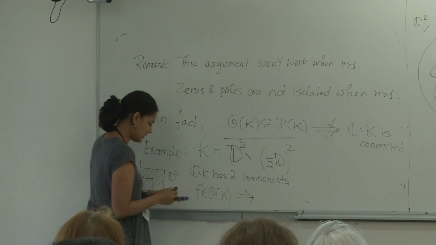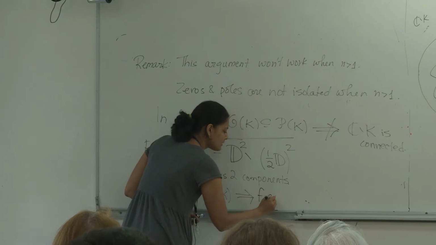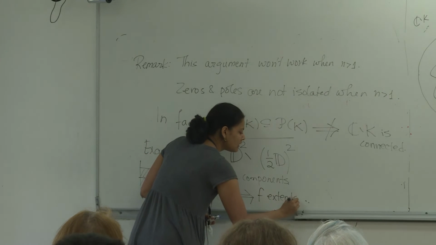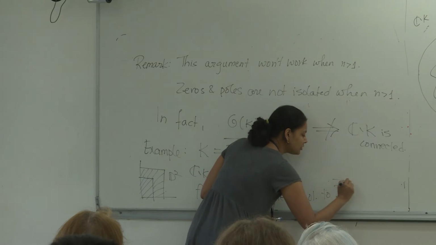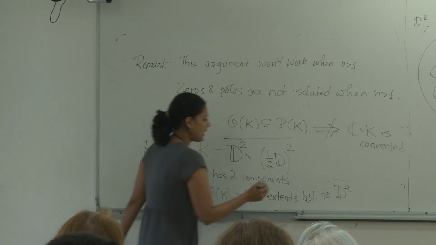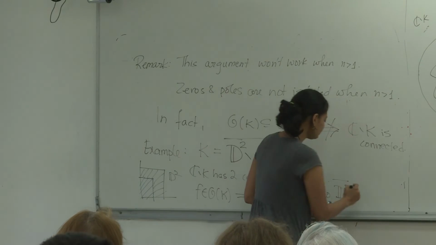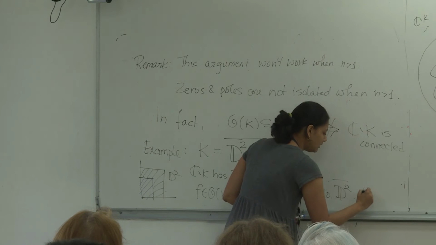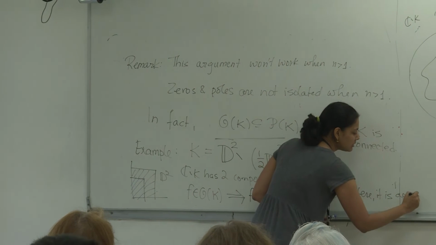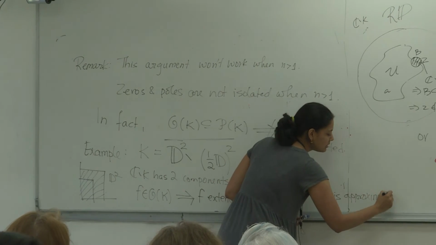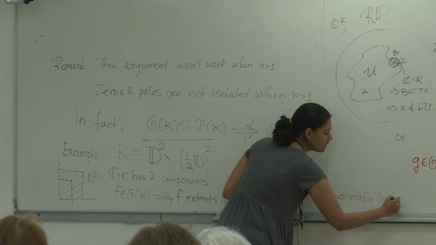Okay, so that means that F extends holomorphically to D2 closure, so to a neighborhood of D2, and here it is approximable by holomorphic polynomials.